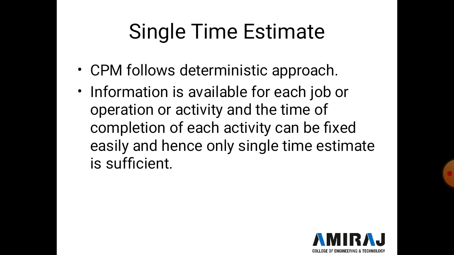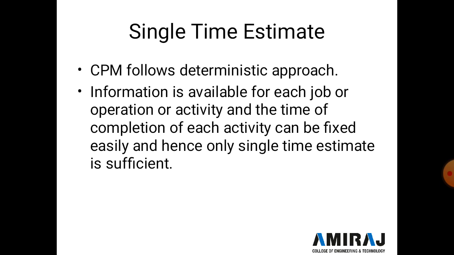So what is single time estimate? CPM follows the deterministic approach, and information is available for each job or operation or activity, and the time of completion of the activity can be fixed easily, hence a single time estimate is sufficient.